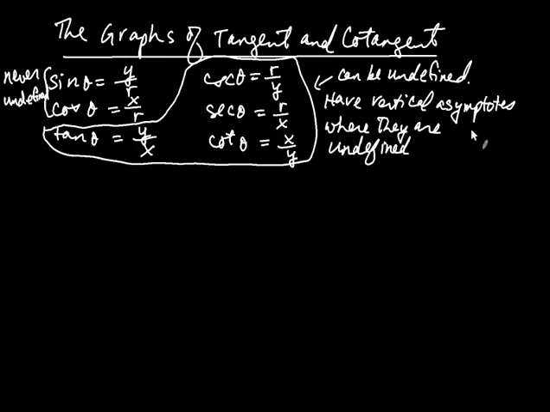Okay, now what we mean by the phrase vertical asymptotes is that the y-coordinate either goes to infinity or goes to negative infinity.